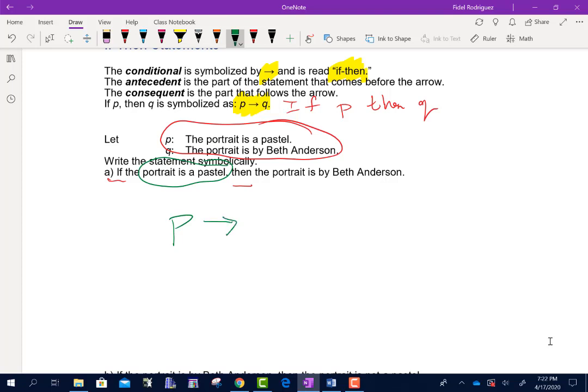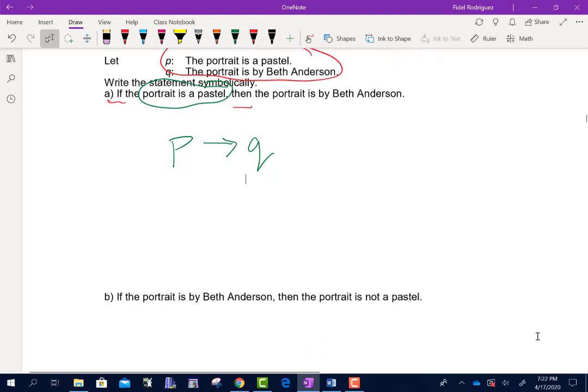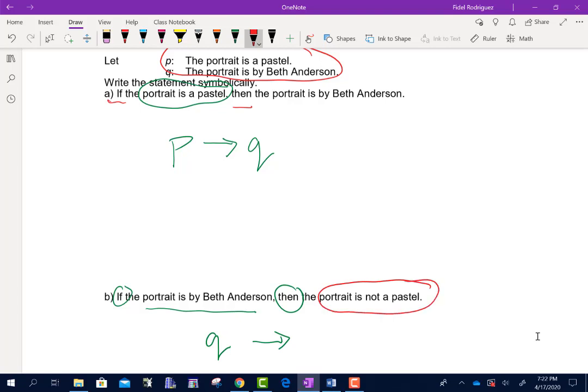The portrait is by Beth Anderson, there's my Q. That's all I'm really writing out here, okay? Now, there is a second part. Again, this is still an if then, so I'm going to put my arrow. The portrait is by Beth Anderson. That's actually my statement Q. The second part says the portrait is not a pastel. Well, if it's not a pastel, then that would be not P, right?